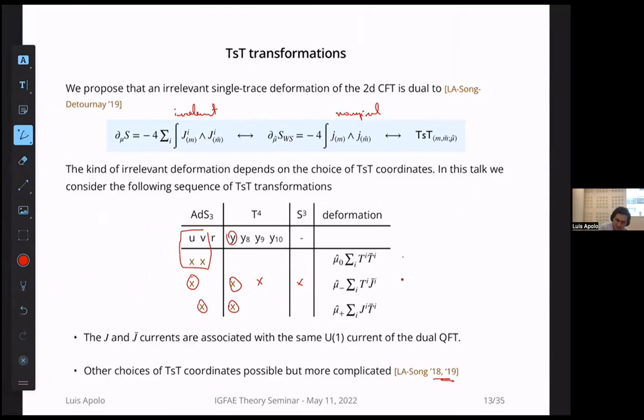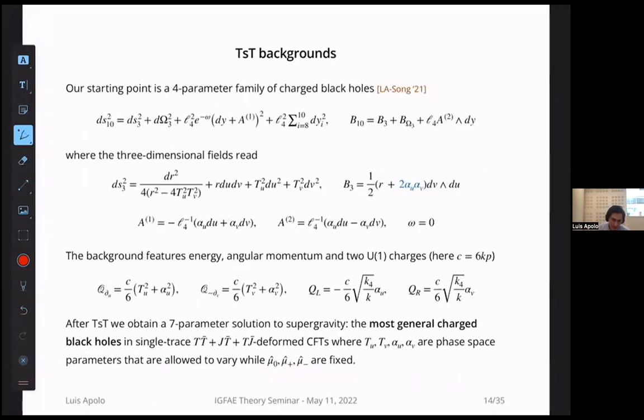Okay, so this will be the main idea that we're going to exploit now. My starting point will be a 4-parameter family of charged black holes. I've written this in 10 dimensions because I need to do the TsT transformation in 10 dimensions, but I have written it in a 3-dimensional language because all of the calculations simplify in 3 dimensions.